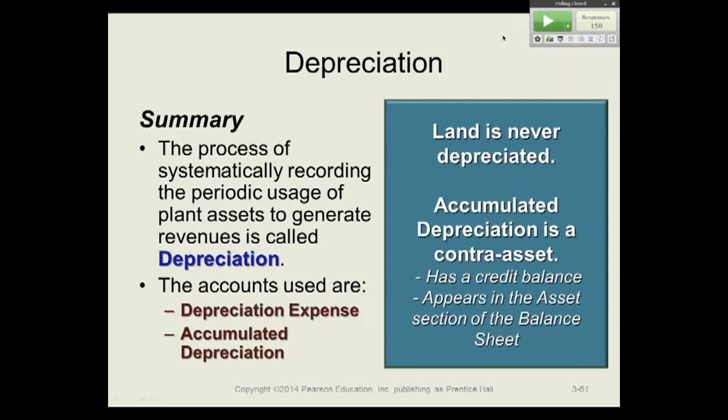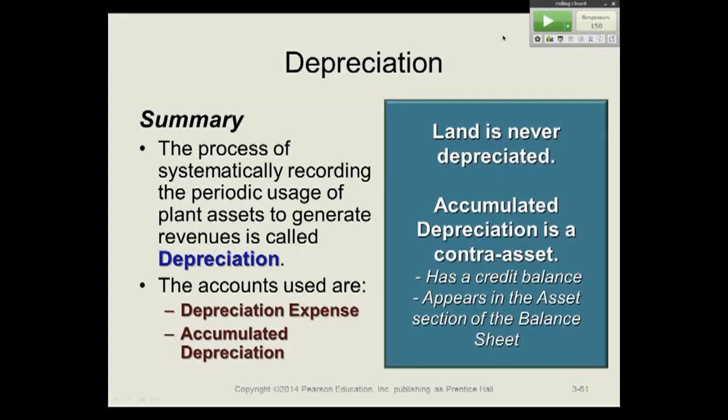It increases by a credit. What's the normal balance, by the way, of that account? Credit, right. So accumulated depreciation goes up by a credit, and its normal balance is going to be a credit balance. All right, so now let's take an example.